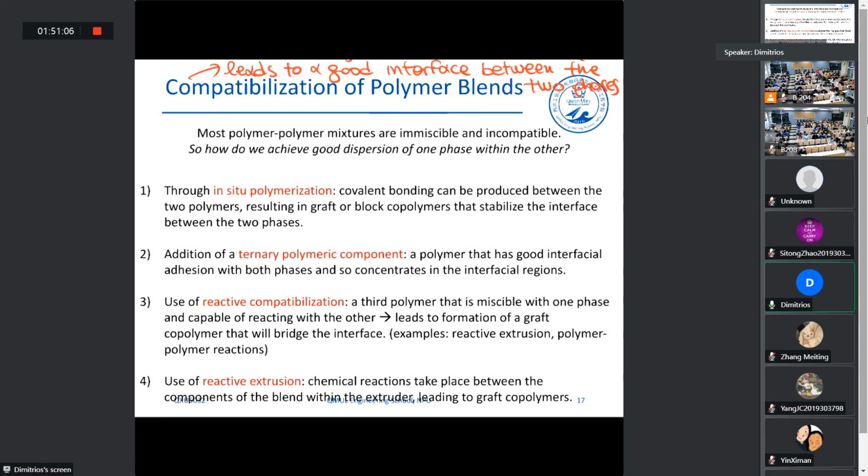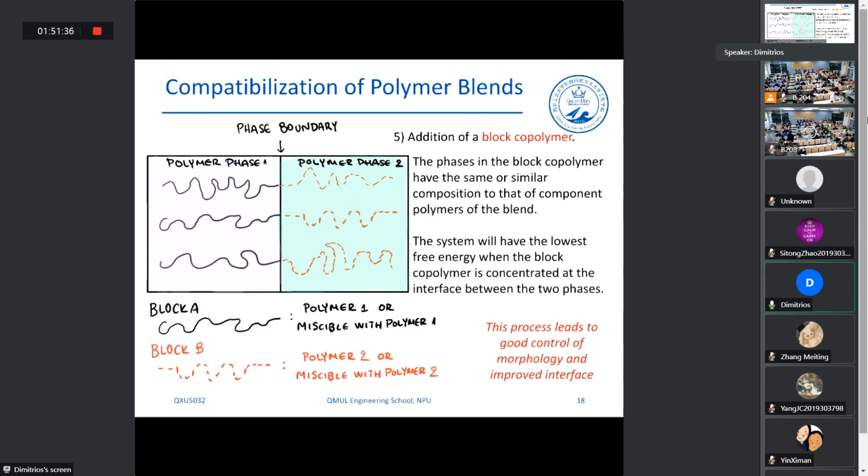Firstly, the first method is to use in situ polymerization. So in this case, covalent bonding is produced between the two polymers, and that leads not to a blend in this case, but to the fabrication of graft or block copolymers that stabilize the interface, okay? So we create covalent bonding, and I will explain a bit more because I have some schematic here.